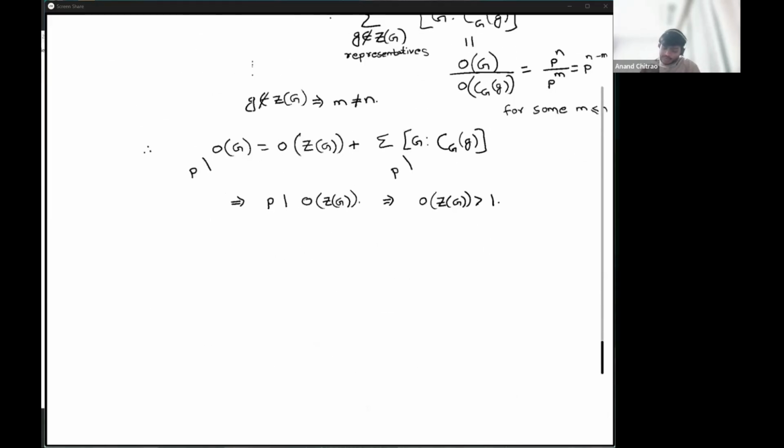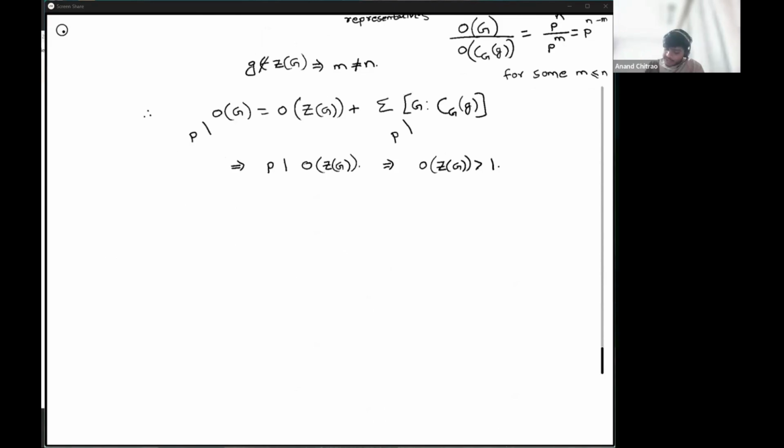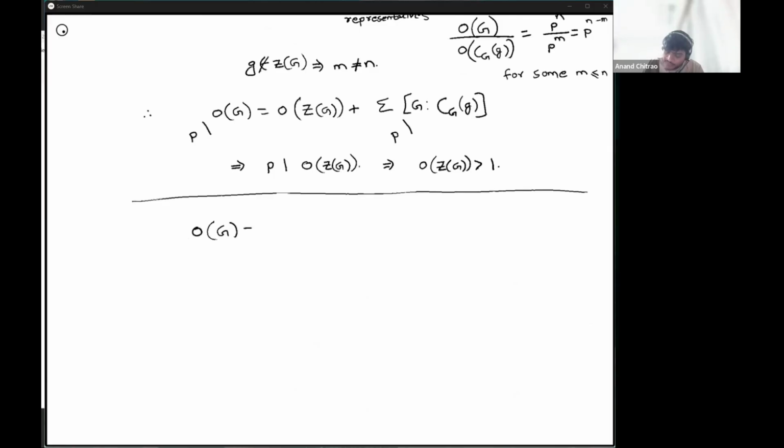So this will show up in the next talk, but let's see. Suppose the order of G is 15. You factorize 15 into its prime factors, that's 3 times 5.